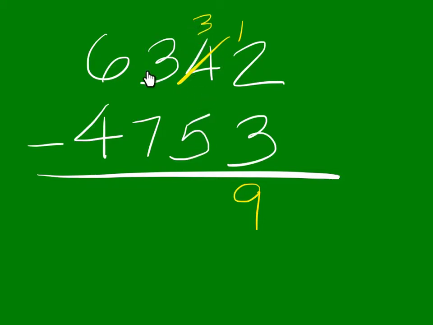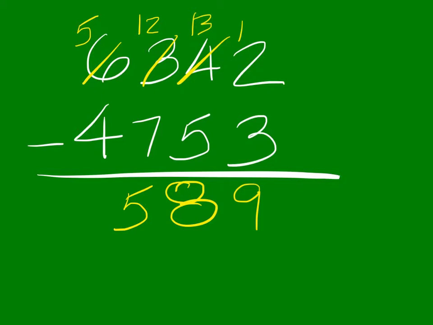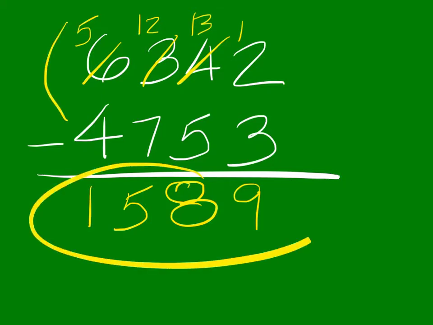You can't do that, so borrow 1 from here, make that a 2, and then create a 13. 13 minus 5 is 8. You can't do 2 minus 7, so borrow 1 from here, make that a 5, and make that a 12. 12 minus 7 is 5, and then 5 minus 4 is 1.